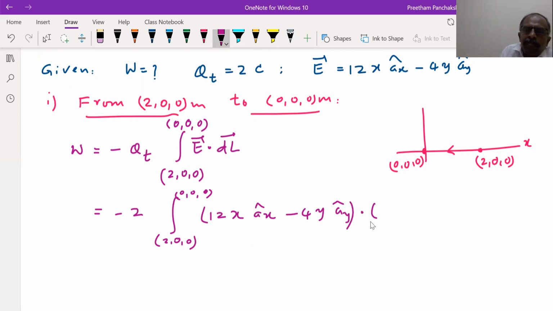The differential length in the Cartesian coordinate system is given by dx a_x plus dy a_y plus dz a_z. We shall go from the generalized formula for dl.